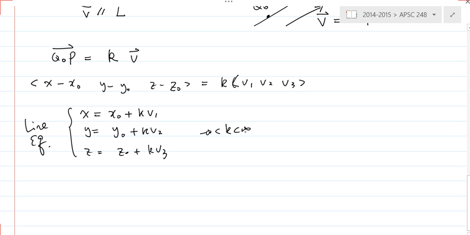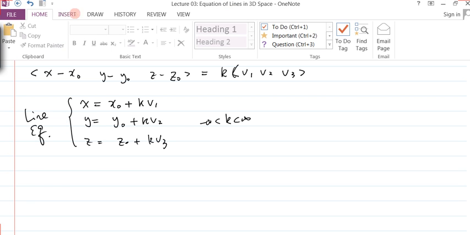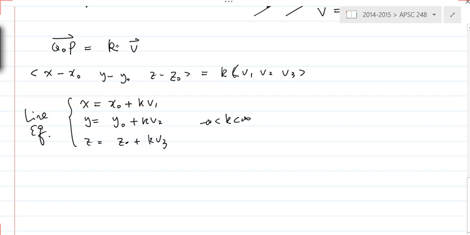So let's take a second look at this line equation to gain a little more intuitive information. If you look at this set of equations, first of all, what does this portion represent? x naught, y naught, z naught.